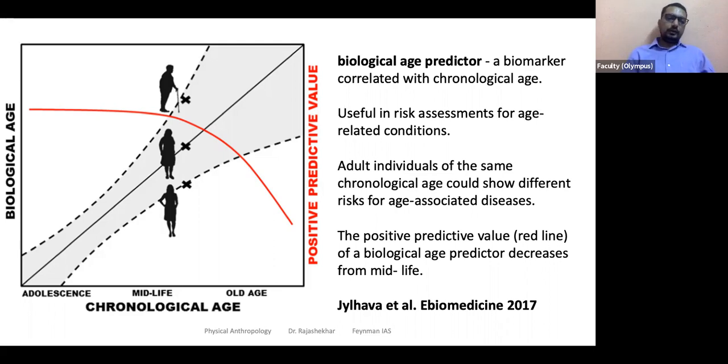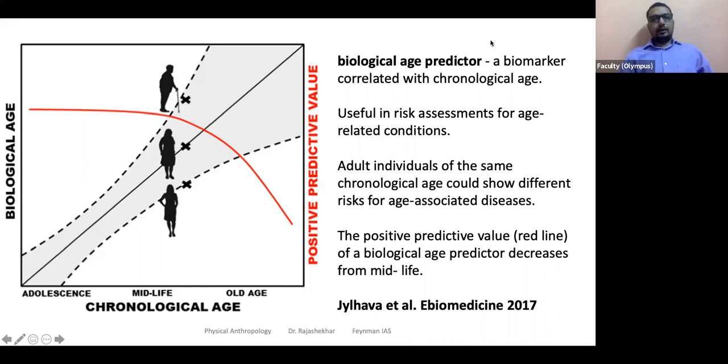I'm trying to tell you that the difference between biological age and chronological age increases with age. This difference actually increases.